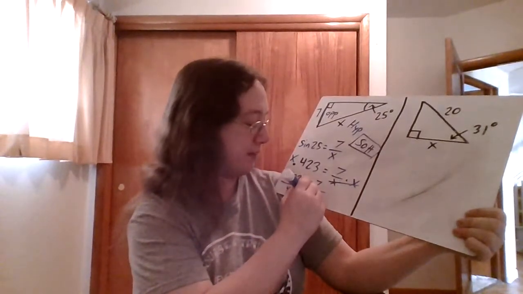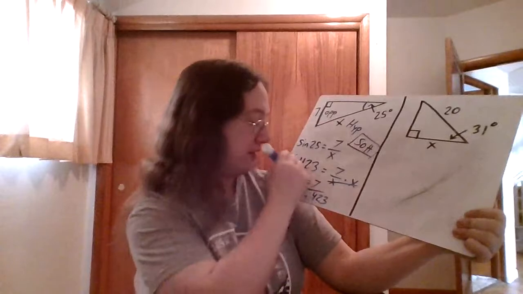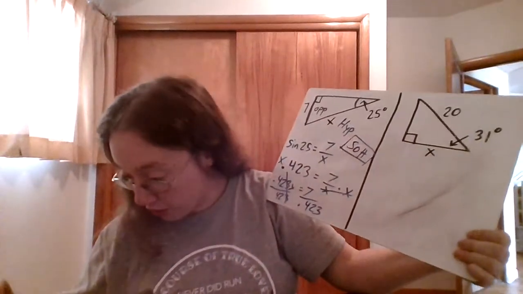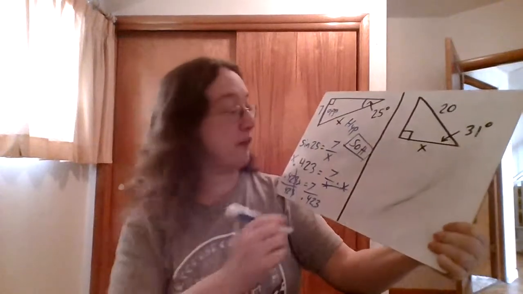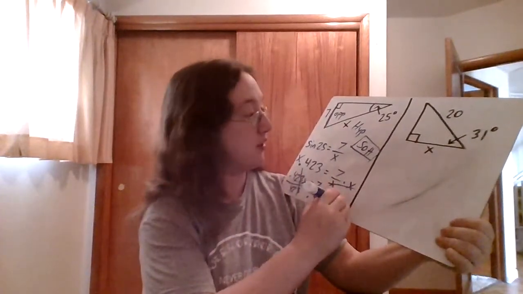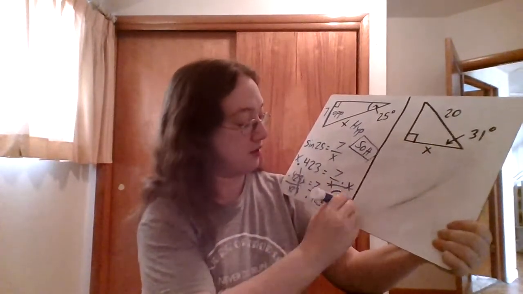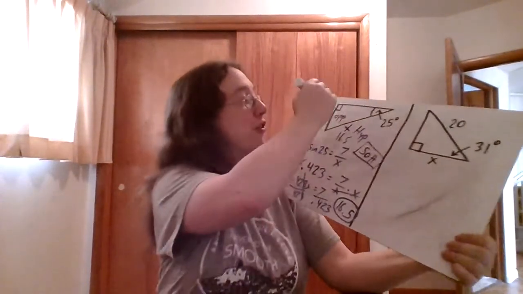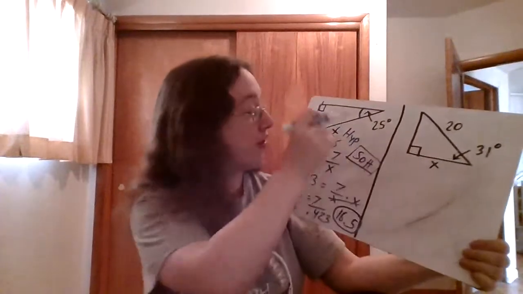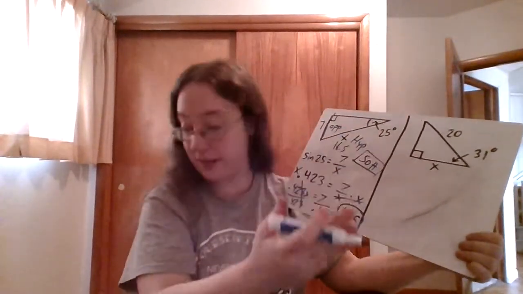So 7 divided by 0.423 gives you about 16.5-ish. Okay, and again, we're looking for our hypotenuse, and this is our shortest side by quite a bit, so 16.5. Yeah, that's in the right ballpark.